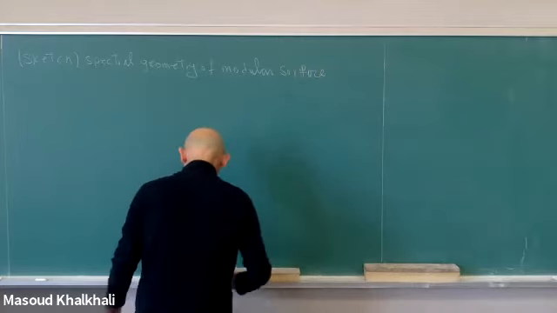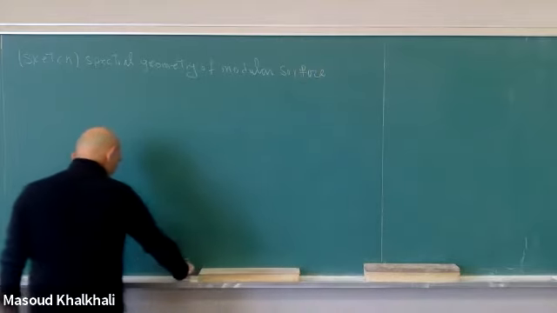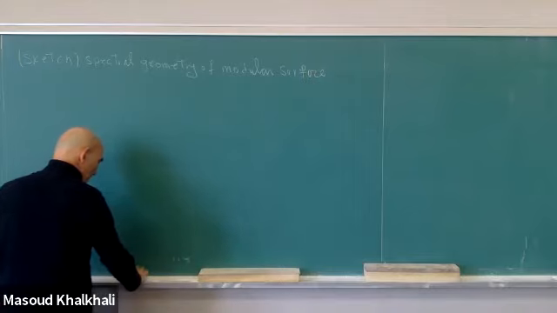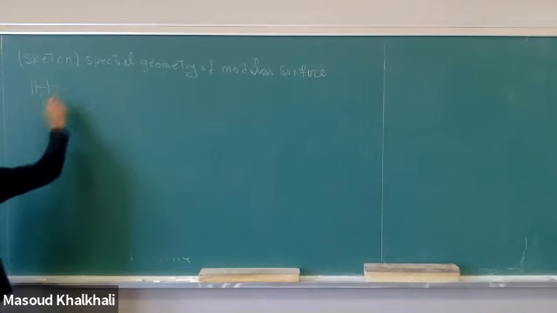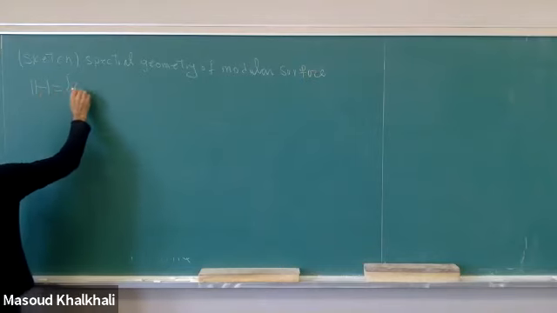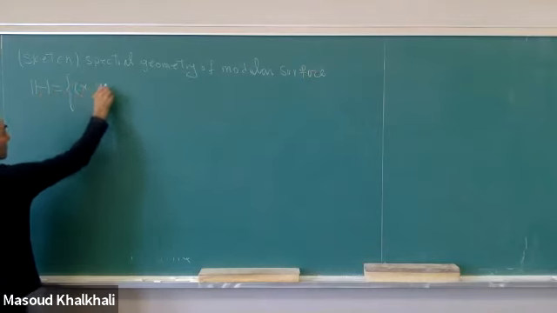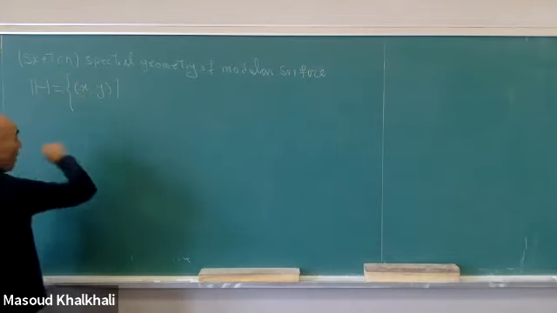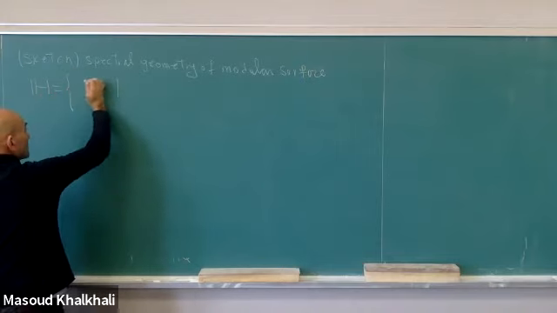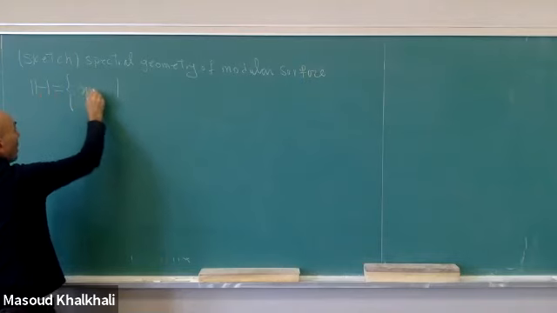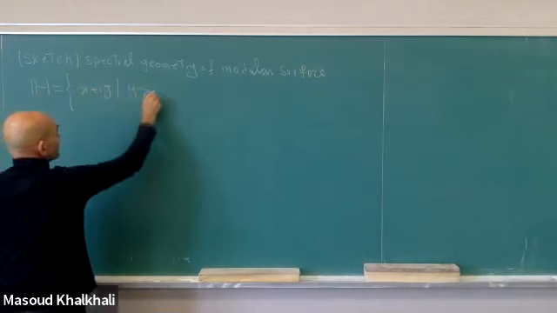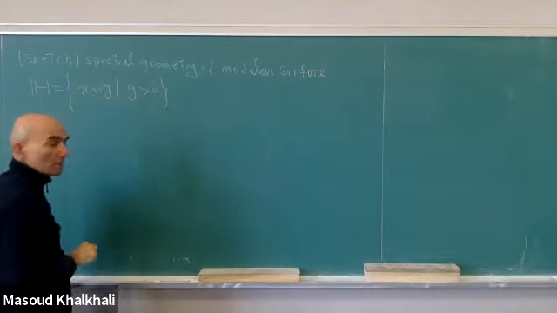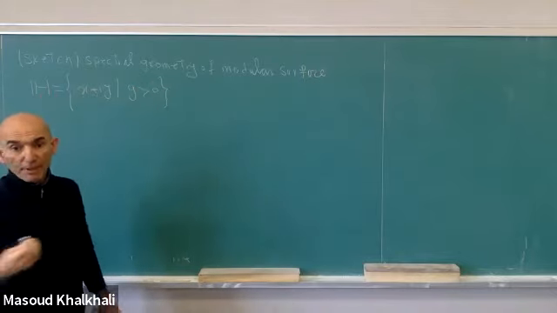So what is it? In this case, let's recall this H, the set of all x and y, or you can say complex numbers, x plus iy, such that y is positive. Okay, so this is the Poincare upper half plane, right?